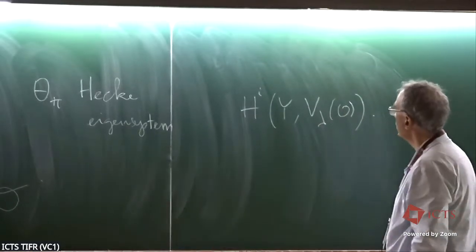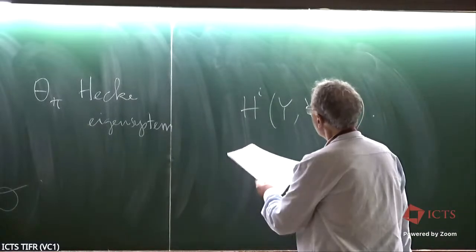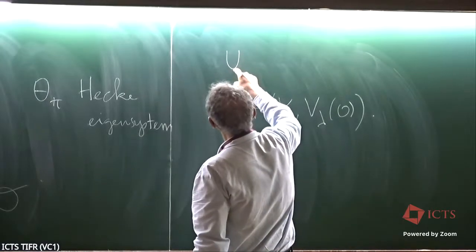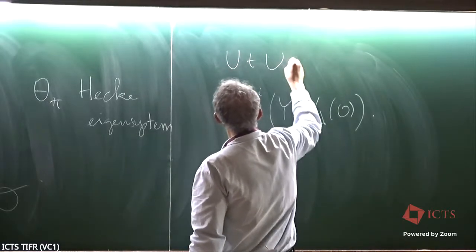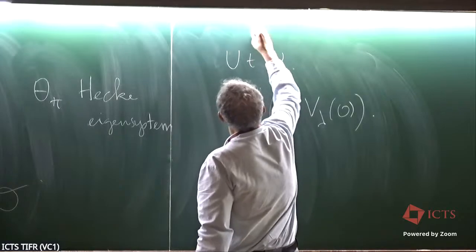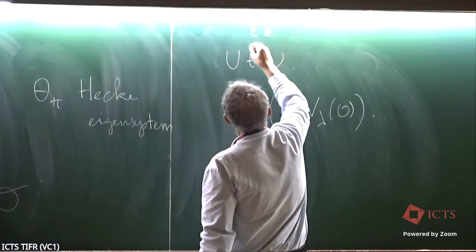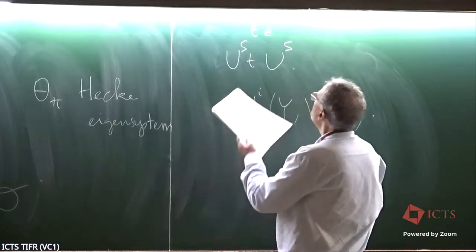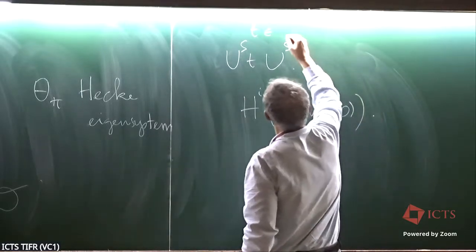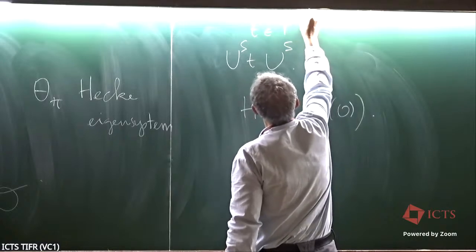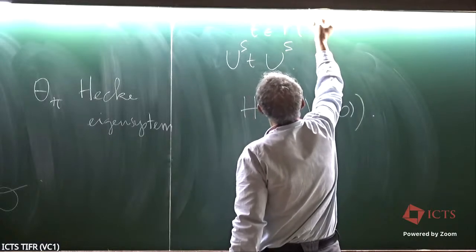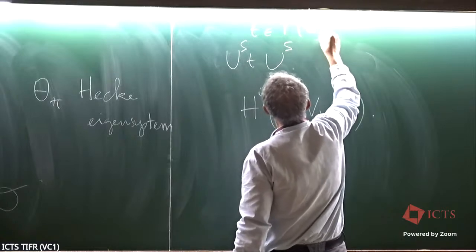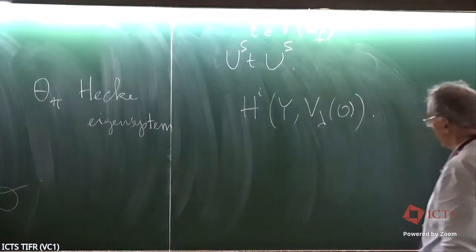And so the definition of the action of Hecke operators. A Hecke operator can be viewed as something like a U, T, U, where T can be taken in the torus T of the finite adels.